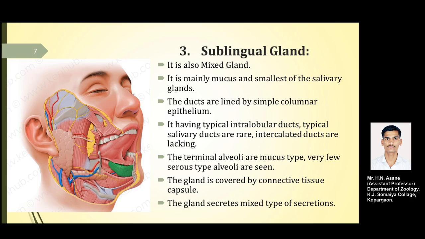Very few purely serous alveoli are present over here. As you can see, the location of the sublingual gland is below the tongue, which is why it is called the sublingual gland.